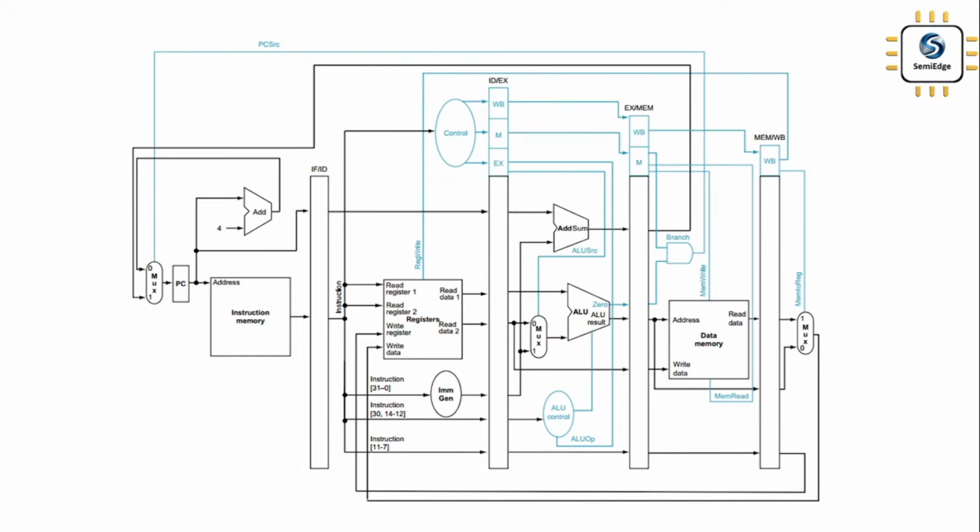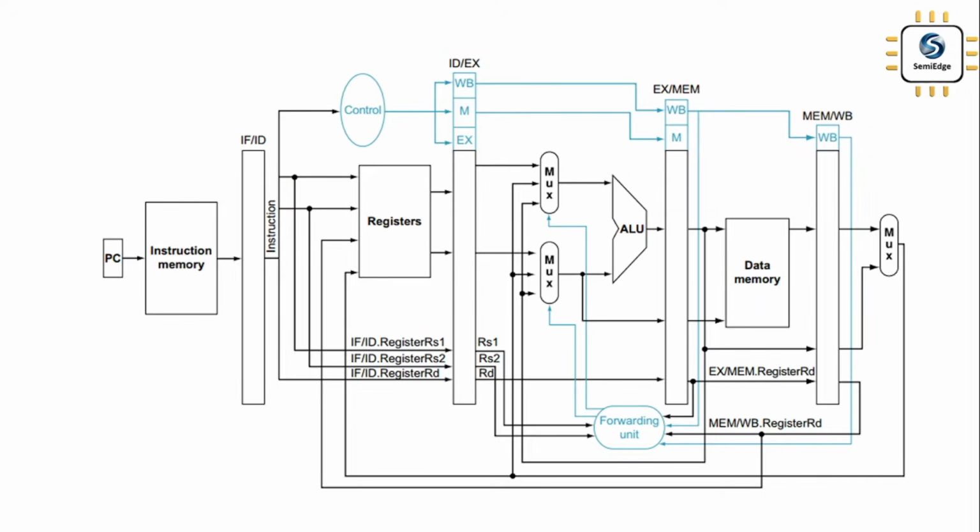When we add pipeline registers, new problems show up. These are called hazards. And there may be data hazards, control hazards, or sometimes structural hazards. To fix the data hazards, we use something called forwarding or bypassing.